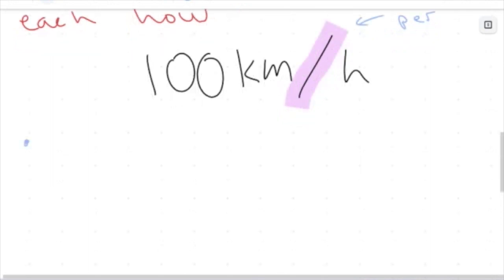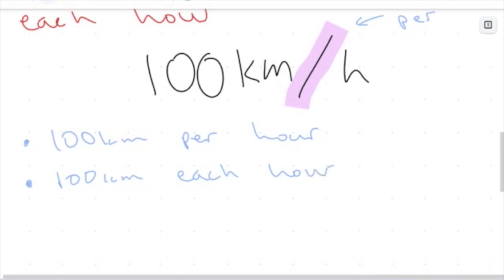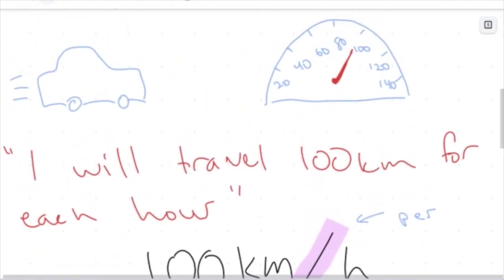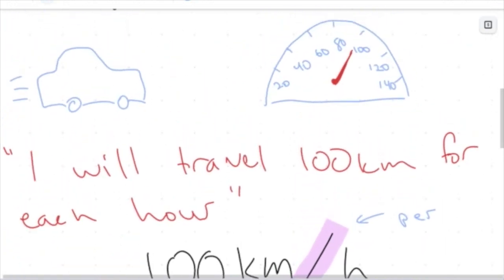Now, this notation that I've written up here is telling us, in essence, 100 kilometers per hour or 100 kilometers each hour. That is another way of saying this. This is what the information is communicating to us. And that's what it tells us on my little dial on my speedometer when I'm driving along the highway.